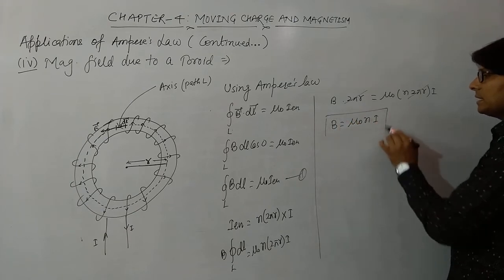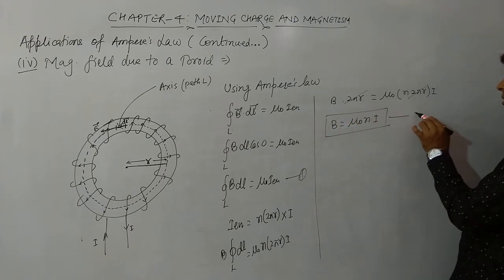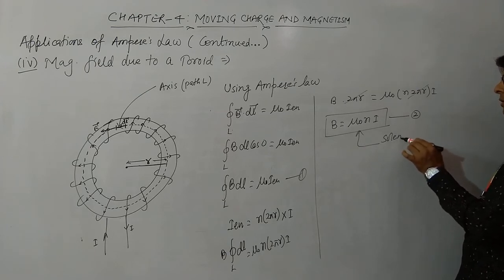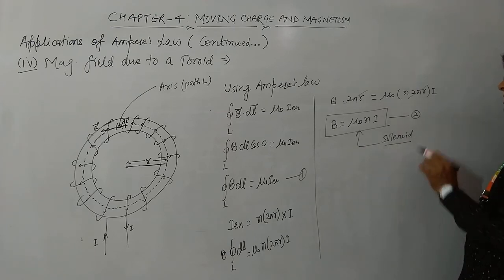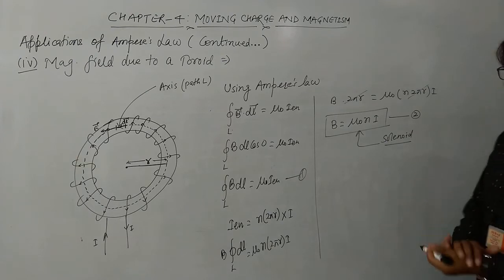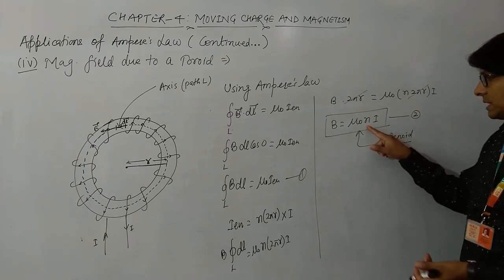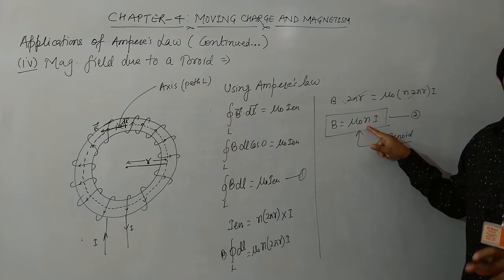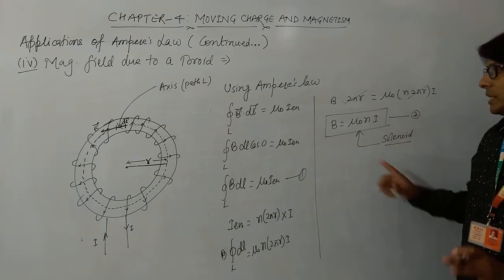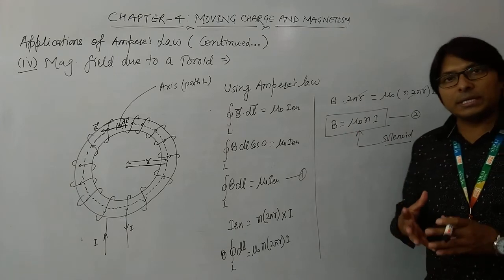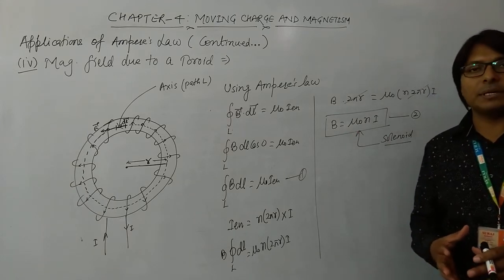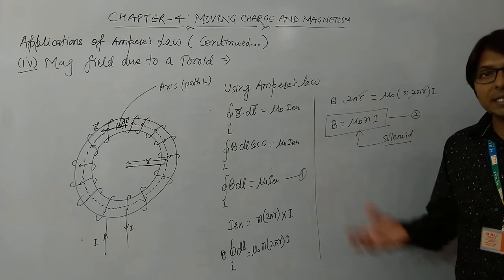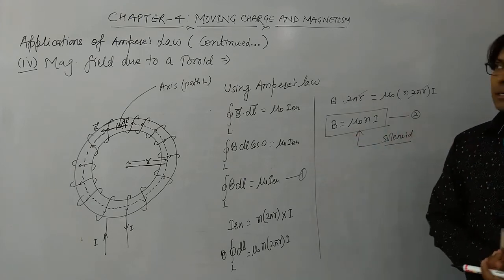Interestingly, this formula is the same as that of a solenoid, meaning a toroid is the same as a solenoid. Here n is the number of turns per unit length, as it was in the case of the solenoid. So we can say that a toroid is nothing but a solenoid which is bent in the form of a circle.